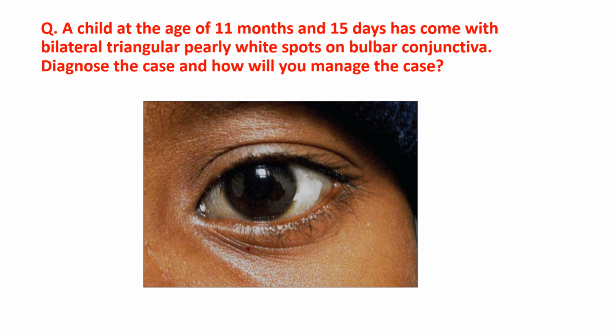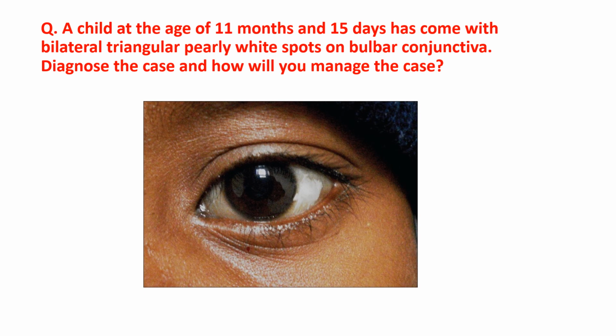Now, from that, let us move on to another important problem card. Here you see the picture of a child's eye showing a pearly white spot on the bulbar conjunctiva. And the card reads, a child at the age of 11 months and 15 days has come with bilateral triangular pearly white spots on the bulbar conjunctiva.